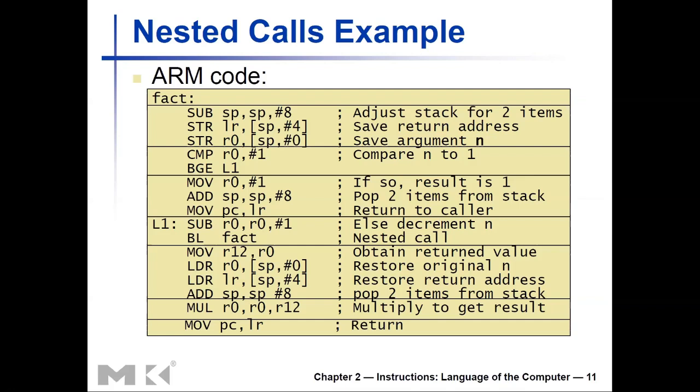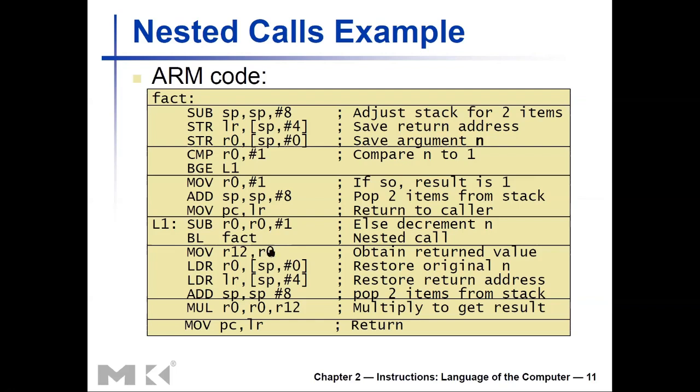So the original N you have to restore by loading it back into R0. But we have the return result also in R0. Since we are going to restore the original value N in R0, we have to put the return result somewhere else.